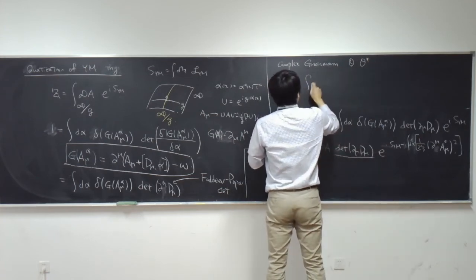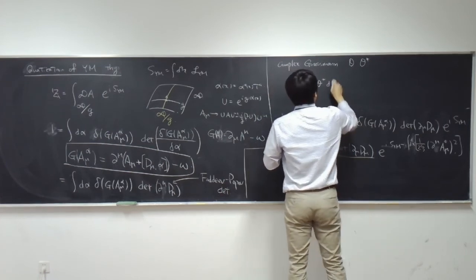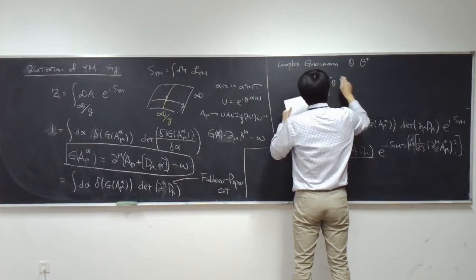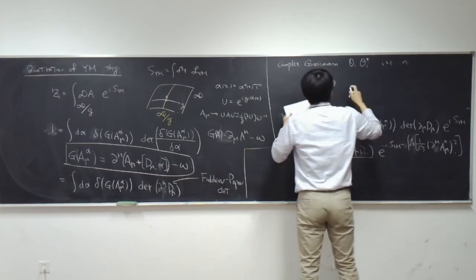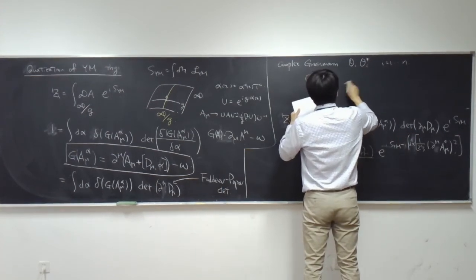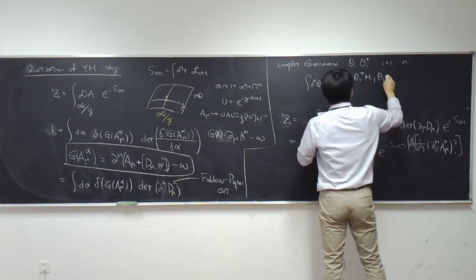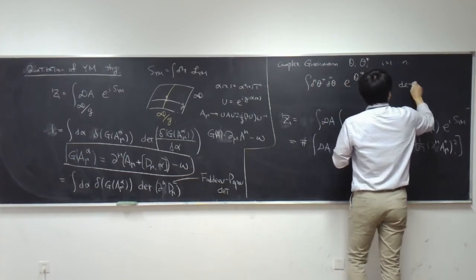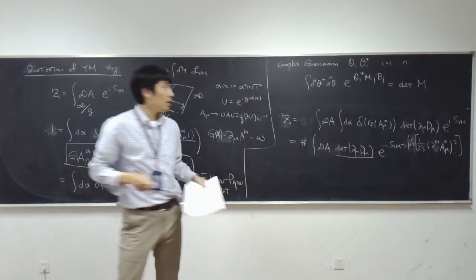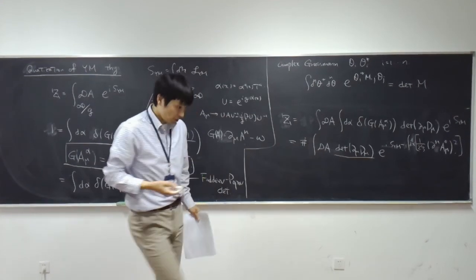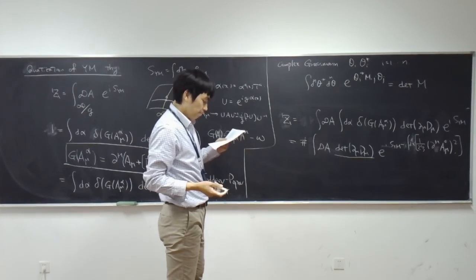Then the integral of d theta star d theta, with i running from 1 to n, of e to the theta i star M ij theta j gives you the determinant of M. That's what we learned in the first lecture on quantization of the Dirac field via path integral.